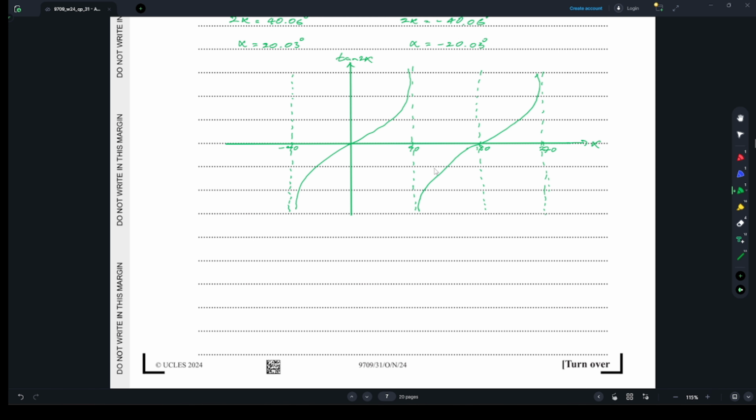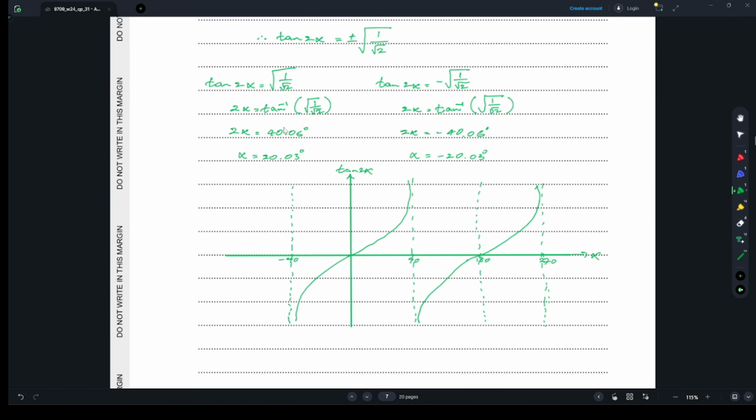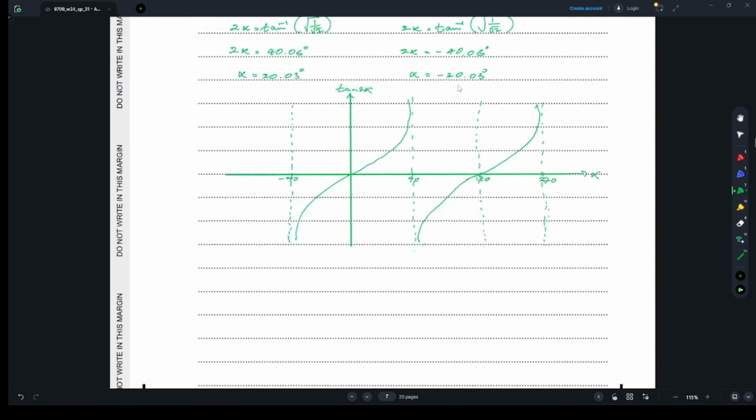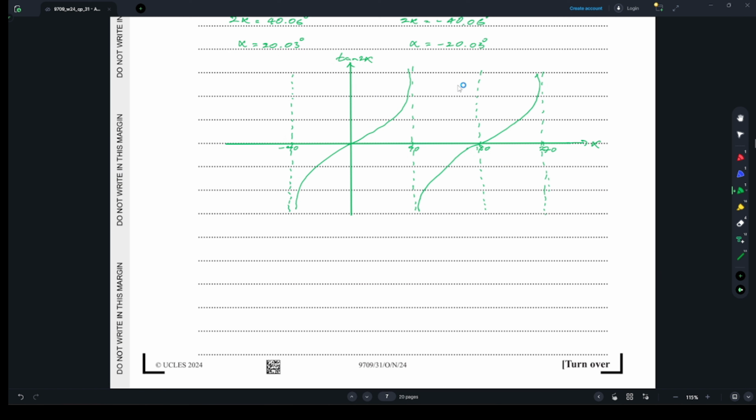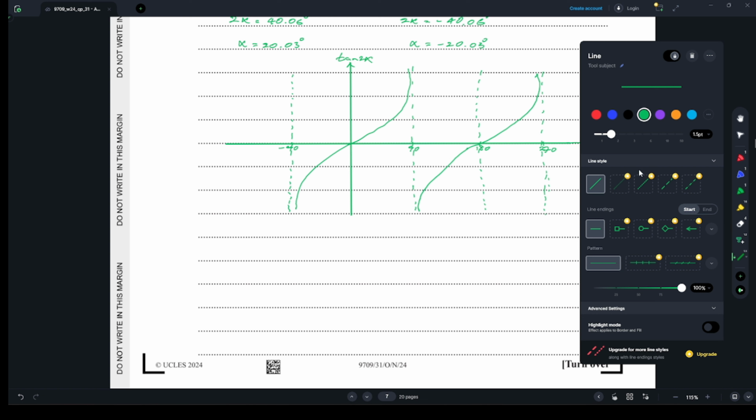Okay, now here we had two answers, right? For tan 2 alpha we have plus root 1 over this one, and also minus. Let's consider that one is around here. For that one I will use another color, a line. I can't use dotted lines because it's for premium.